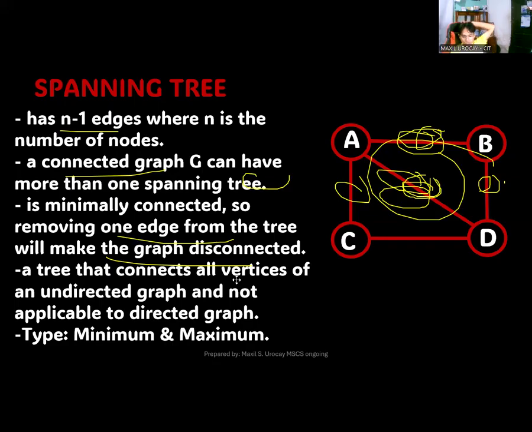A spanning tree connects all vertices of an undirected graph and is not applicable to a directed graph. Because of course, class, in a directed graph, it is really hard to produce a spanning tree when there is a direction. That's why it's only applicable to the undirected graph. The types of spanning tree are the minimum spanning tree as well as the maximum spanning tree.